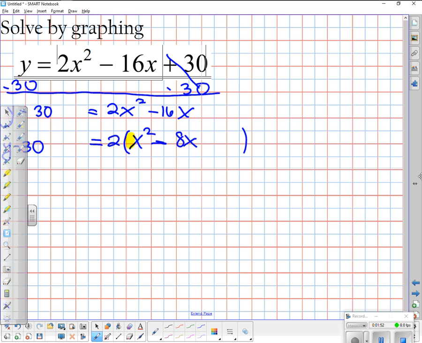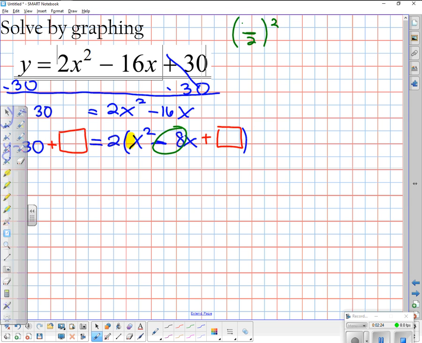Okay? So now, to complete the square, I need to add a number. And what you do to one side, you must do to the other side. I need to add the same number. So whatever number I add here, I have to add it over here. And the way you do it is you're going to take this number, you will cut it in half, and then you're going to square it.